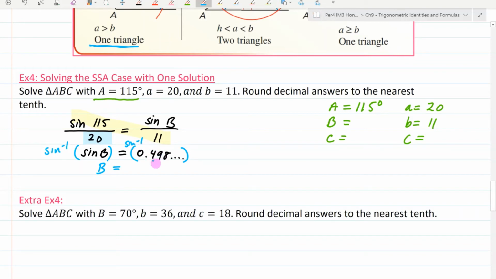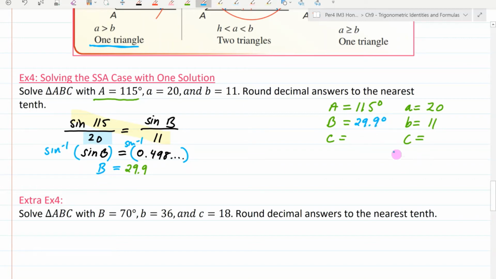If you can't find that, then just use 3 or 4 decimals after the decimal before you do inverse sine of that. The dots here indicate that I'm going to use all numbers in my calculator before I put those in. And when I do that, I'm going to get 29.9. So that's going to be my answer for angle B, 29.9 degrees.